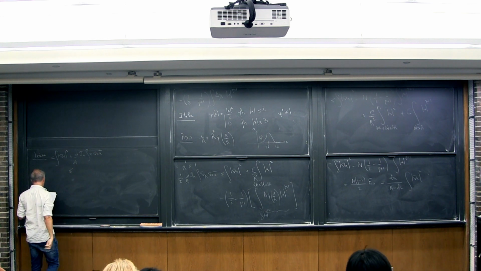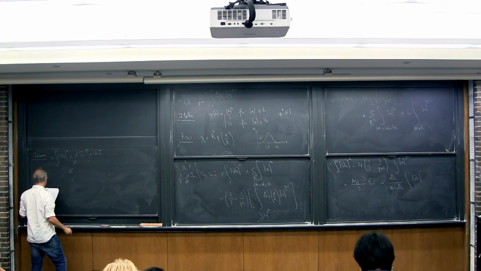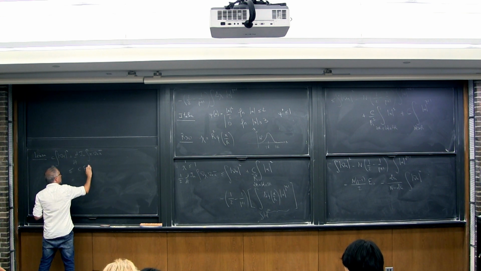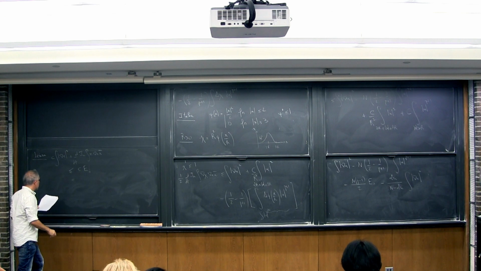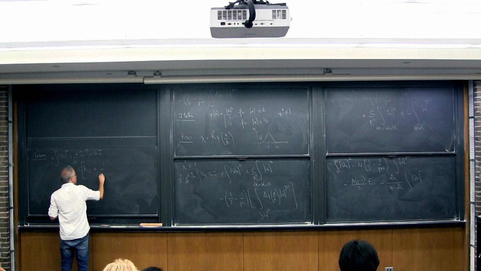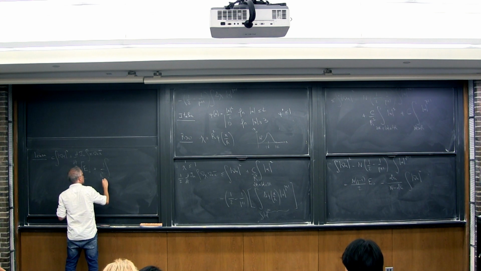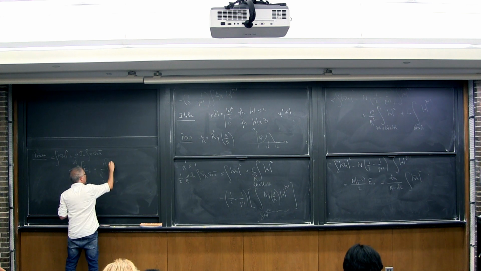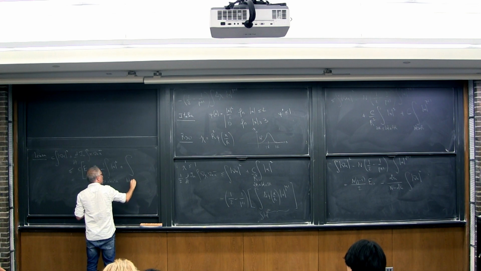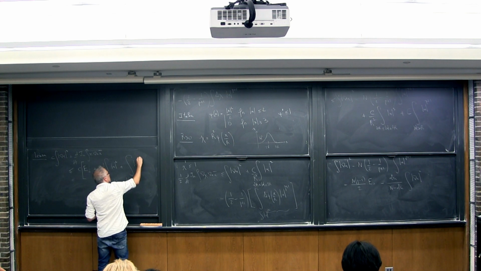This is controlled by another number c times the energy of data, and it costs me 1 over r squared, the L2 norm between 2r and 3r of x squared, of u squared, plus the integral for x bigger than r of u to the p plus 1.